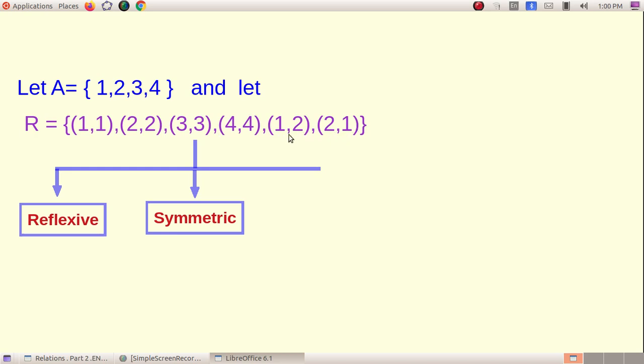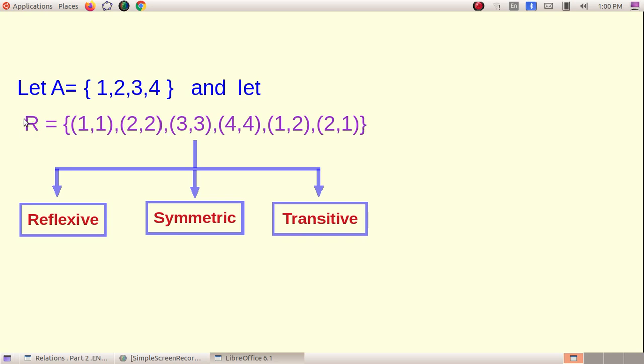Starting with 2, then (1, 1) must be in this relation for transitivity. Clearly (1, 1) is here. And (2, 1), (1, 2), then (2, 2) must be here. It is also clear. It means that for every two pairs (a, b) and (b, c) in R, (a, c) is also in R. Therefore, the relation is transitive.